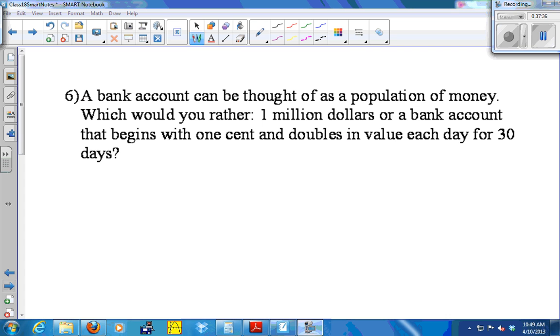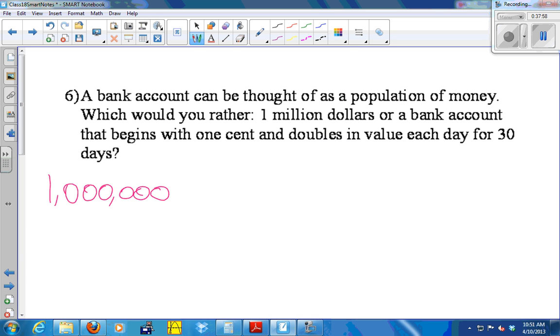It's a big decision. On the one hand, we have $1 million. Hard to turn down, right? On the other hand, we have a single penny, but my bank is going to double the value of that penny every day for 30 days.